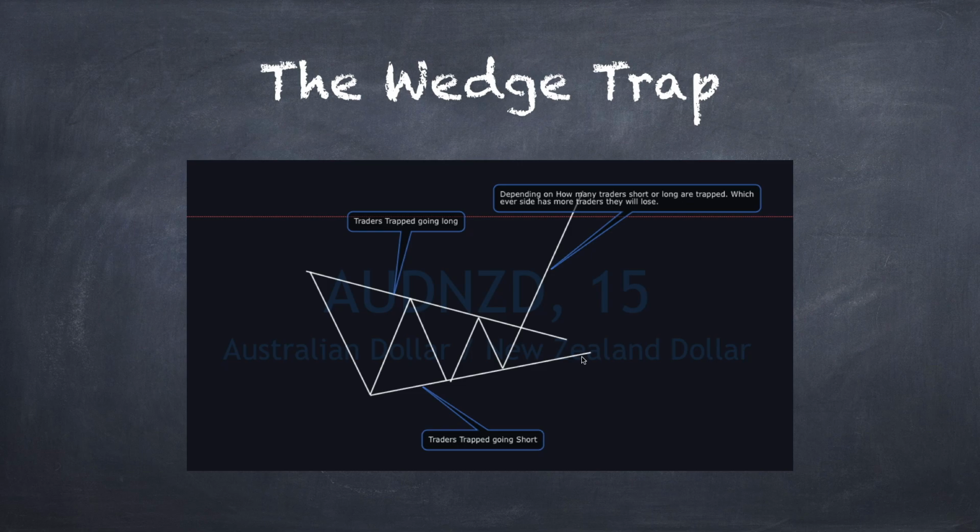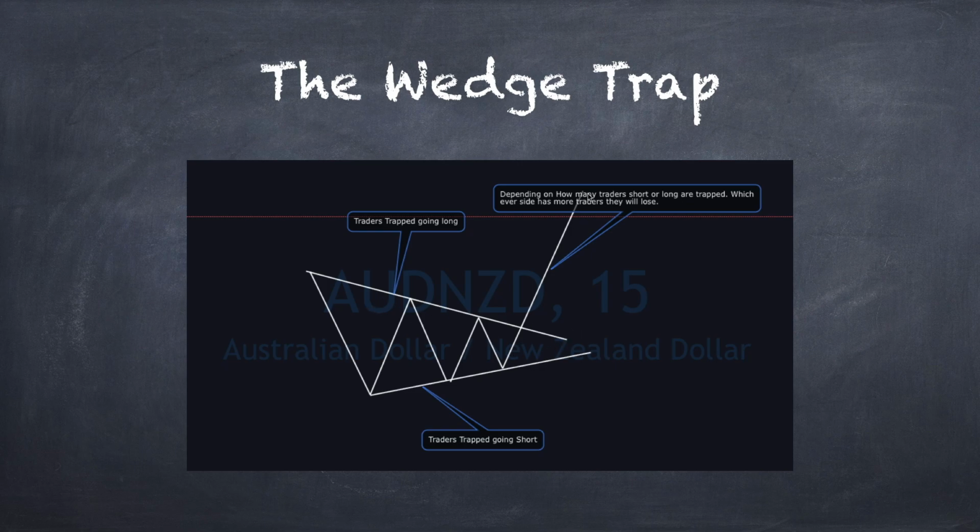Okay. Now, how many traders they have trapped short or how many traders they have trapped long depends on whether they go up or whether they go down. So in this example, if they have more traders that are trapped going short than they do going long, then guess what?